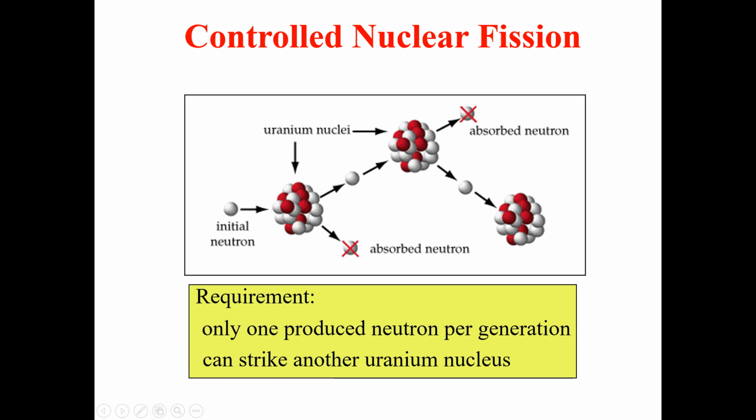The same continues for the second generation, third generation, and so on. This is the key idea for controlled nuclear fission reactions: only one produced neutron per generation can strike another uranium nucleus.